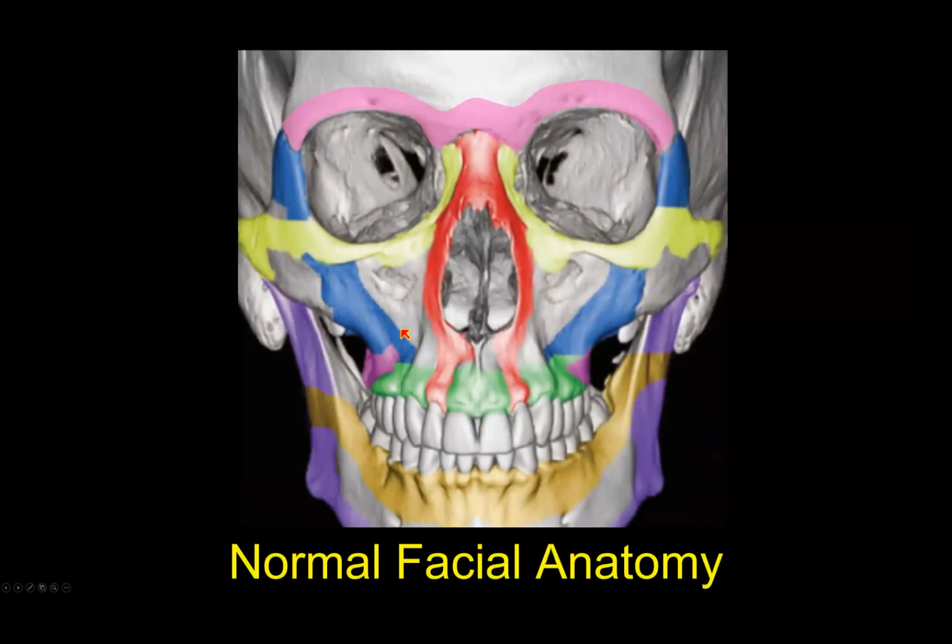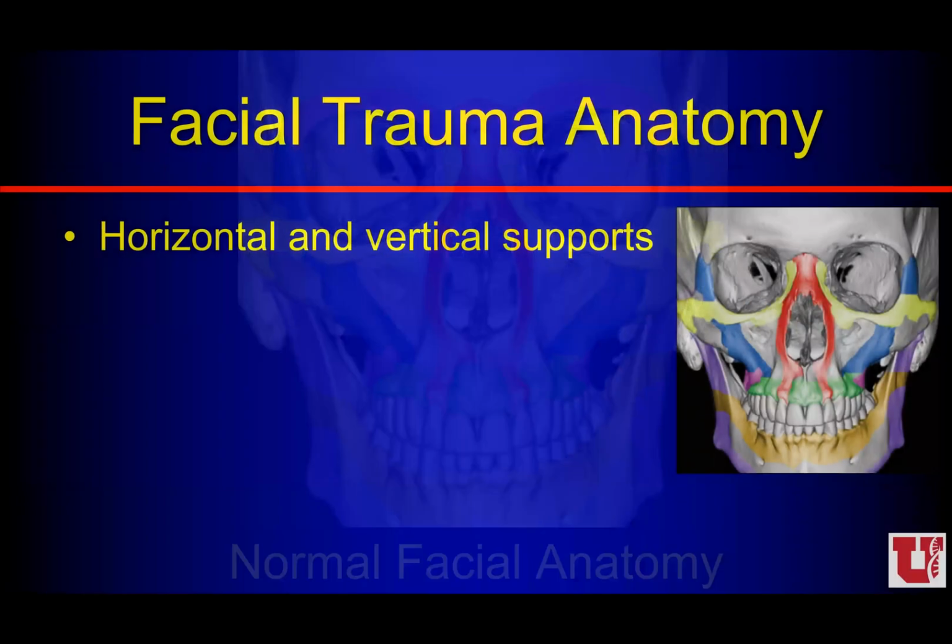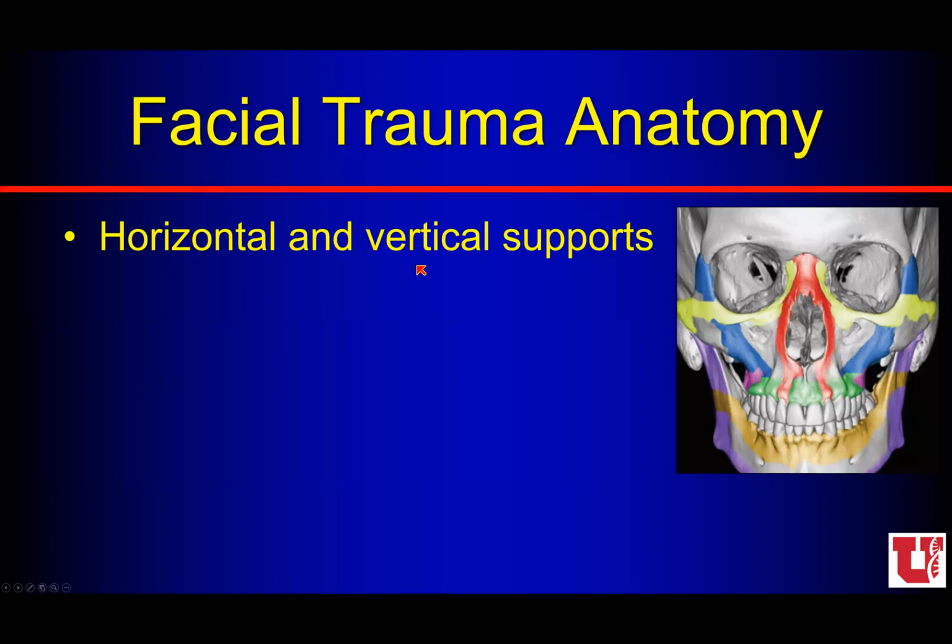We can think about the individual bones that make up the face itself, or we can think about all of these buttresses or struts, both in the vertical plane and in the horizontal plane, and how they affect fractures around the face itself.